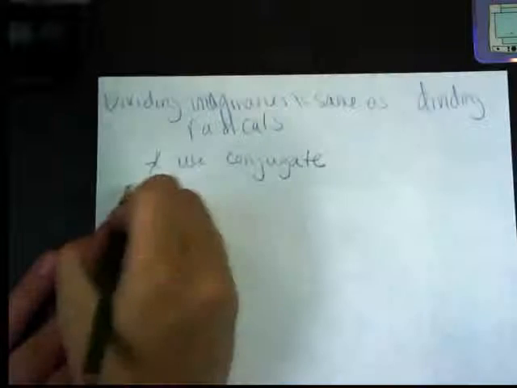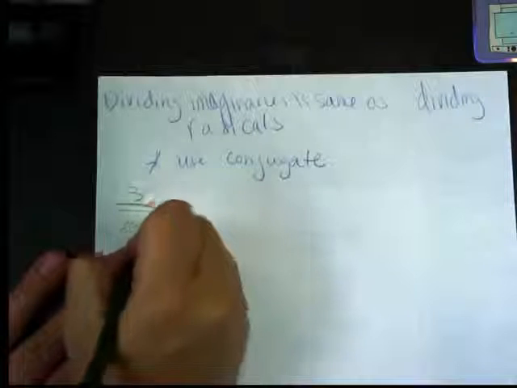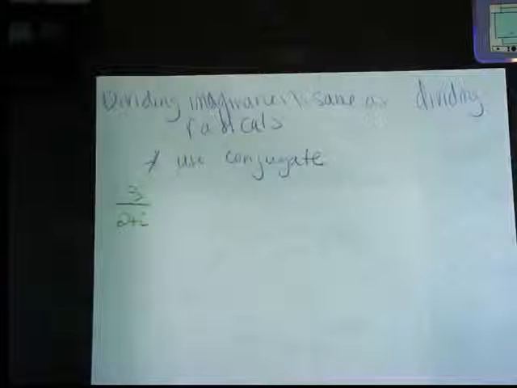All right, let's take a look at something here. 3 over 2 plus i. Imaginaries is the same as radicals. You can't have imaginaries in the denominators, just like you cannot have radicals in the denominators.